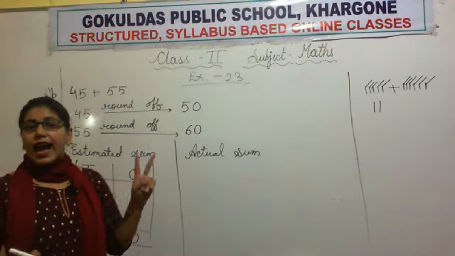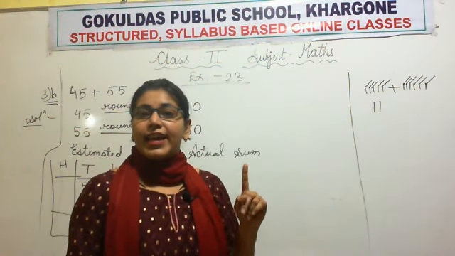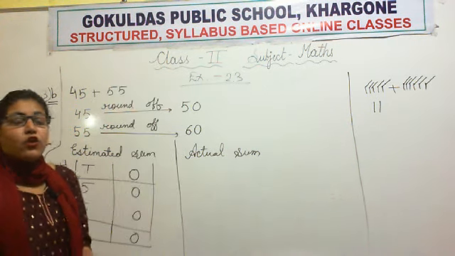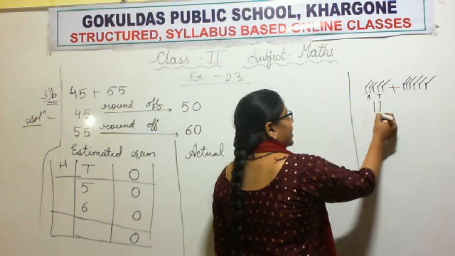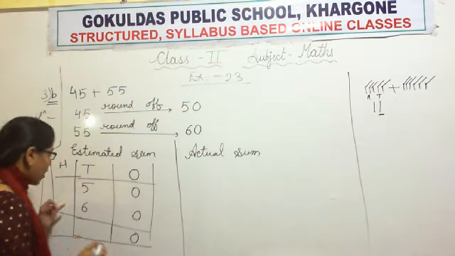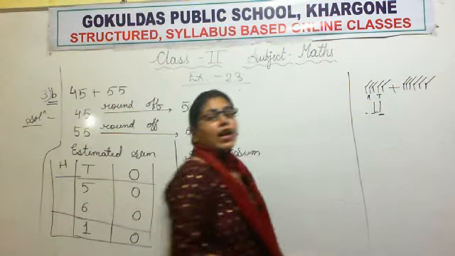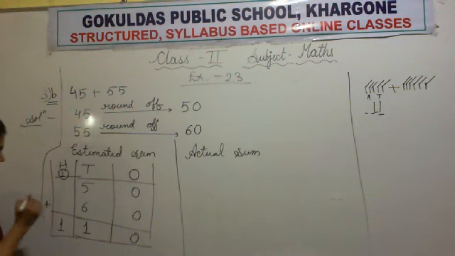We got a 2-digit answer. What do we do when we add one digit and get a 2-digit answer? Yes, we regroup. We write this one in the column of tens and this one as a carry in the column of hundreds. No number is there, so we will write 1 as it is.